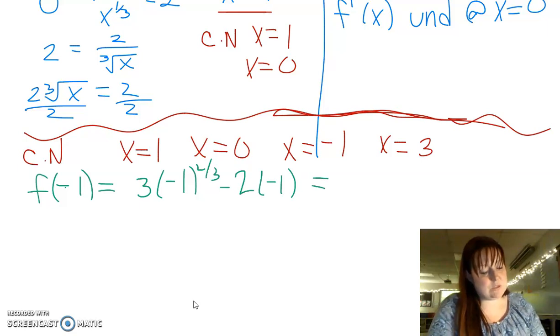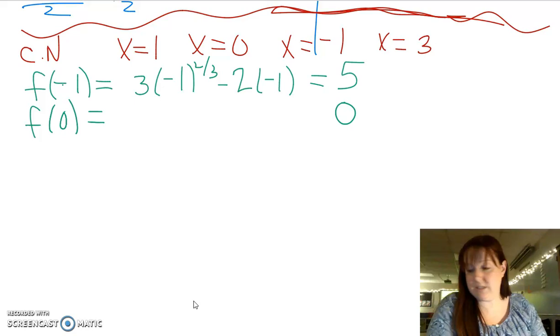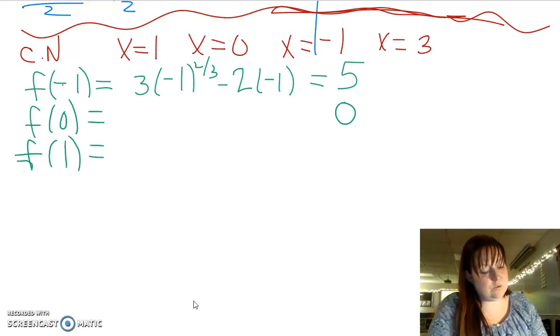And then times 3 is 3, plus 2 is 5. So f of negative 1 is 5. F of 0 is 0. That's easy. f of 1: when x equals 1, what is y equal to? Well, it would be 3 minus 2, which equals 1.